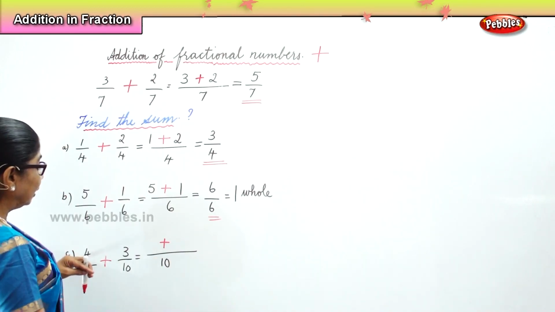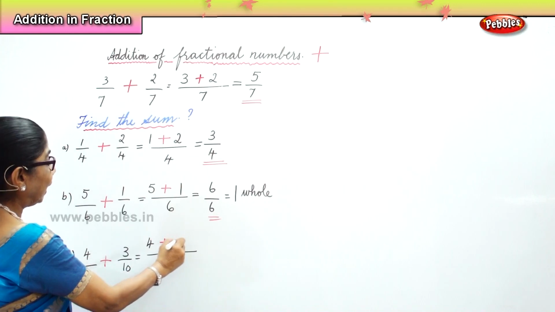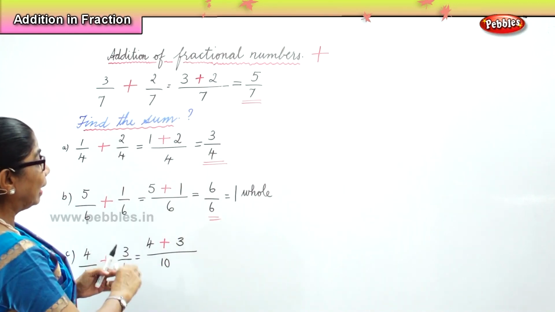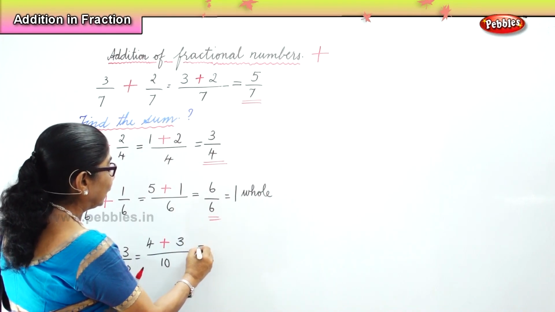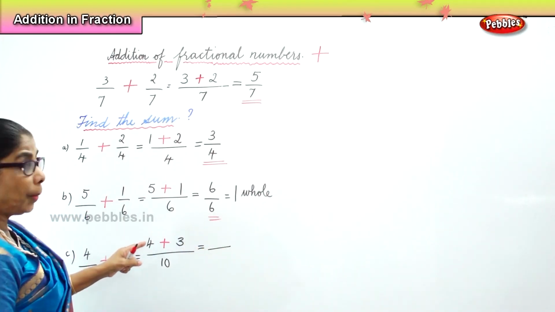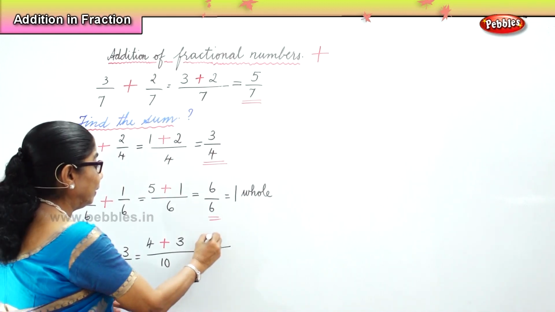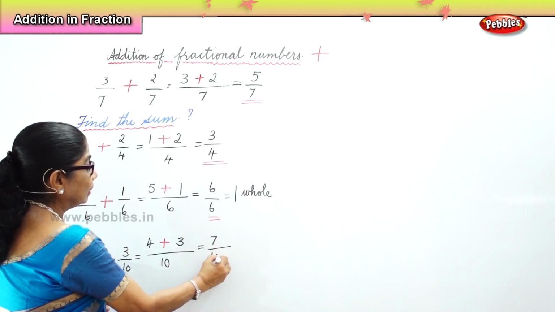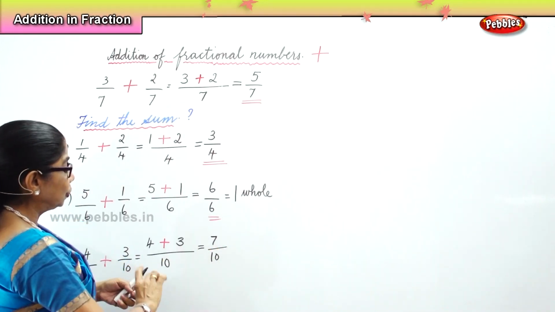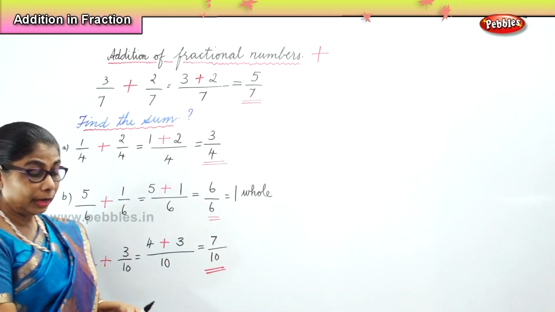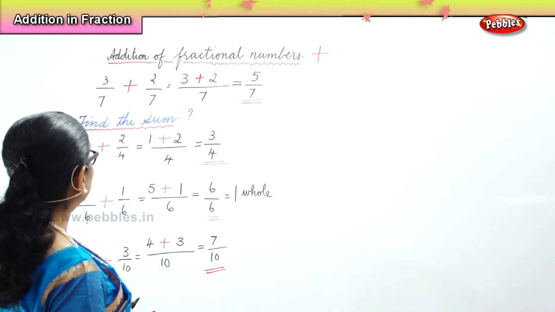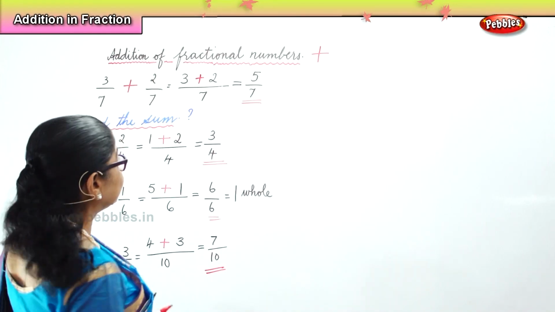Then the numerator you have 4 plus 3. What is 4 plus 3? 4 plus 3 is 7 and the denominator is 10 and that's your answer. Okay, now let's work out a few more sums.